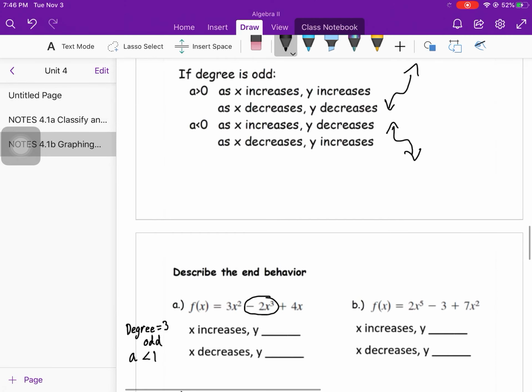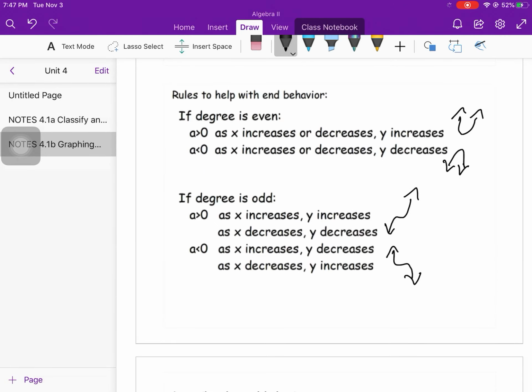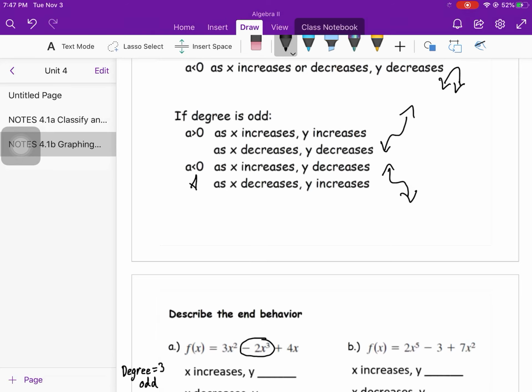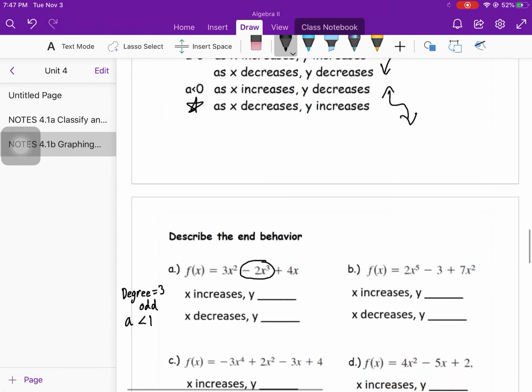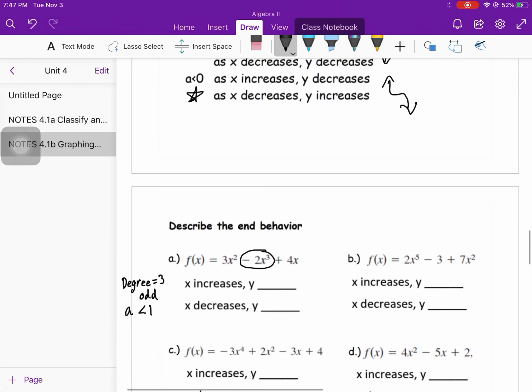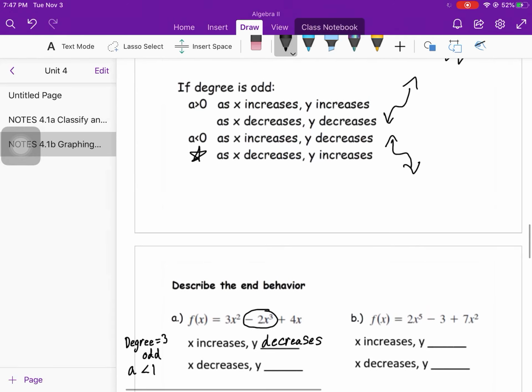That's odd. And the a value is less than 0 because it's negative 2. You can go back up to your chart here, as you're learning this for the first time. The degree is odd, and a is less than 0. So this is what we have for this problem. As x increases, y decreases.